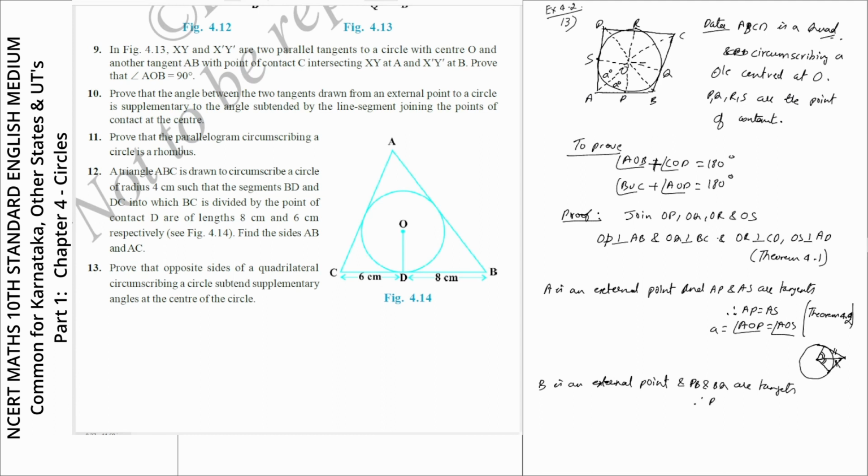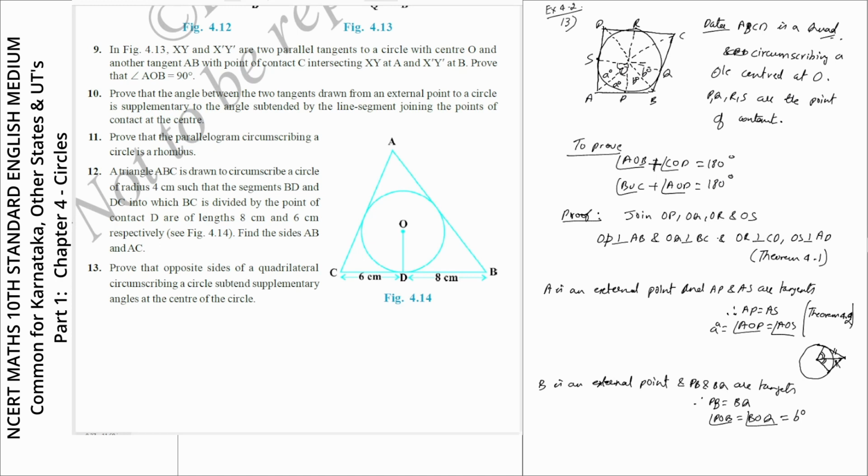Therefore PB is equal to BQ, and angle POB is equal to angle BOQ. Here also it's the same logic. According to theorem 4.2, these two angles will be equal. Let us say the measure of these two angles is B degrees. So I'll mark here, this is B degrees, and this is B degrees.